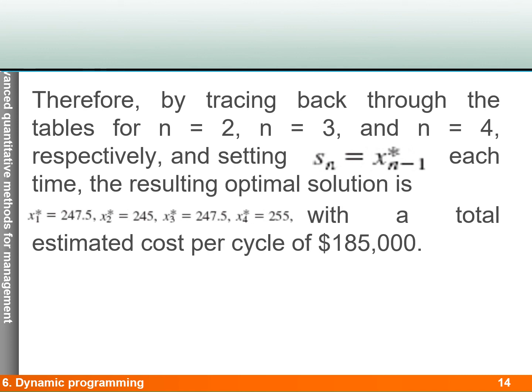That gives me X2 equal to 245. With the same item, we can calculate X3 star, that is 245.5, and we knew that X4 is 245, with a total estimated cost per cycle of $185,000 that you saw in the table when stage is n equal to 1.